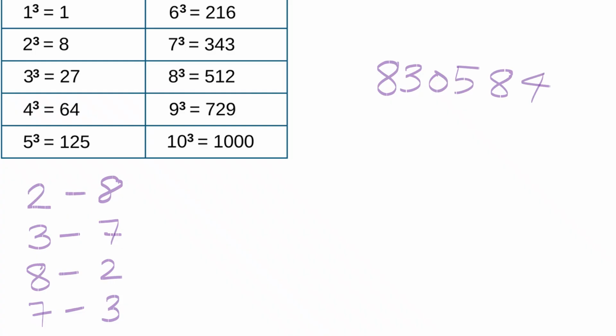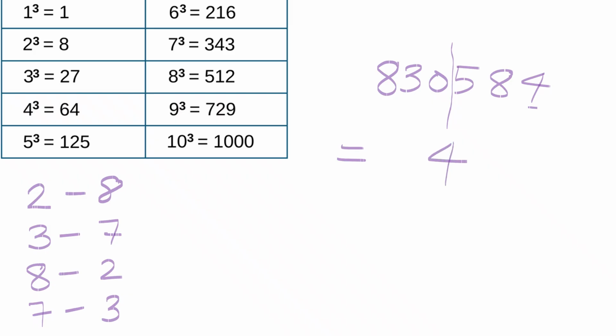Okay, step number 1, put a slash before the last 3 digits. Now after putting a slash before the last 3 digits, on the right hand side, it's ending at 4. So for 4, it will end at 4 only.